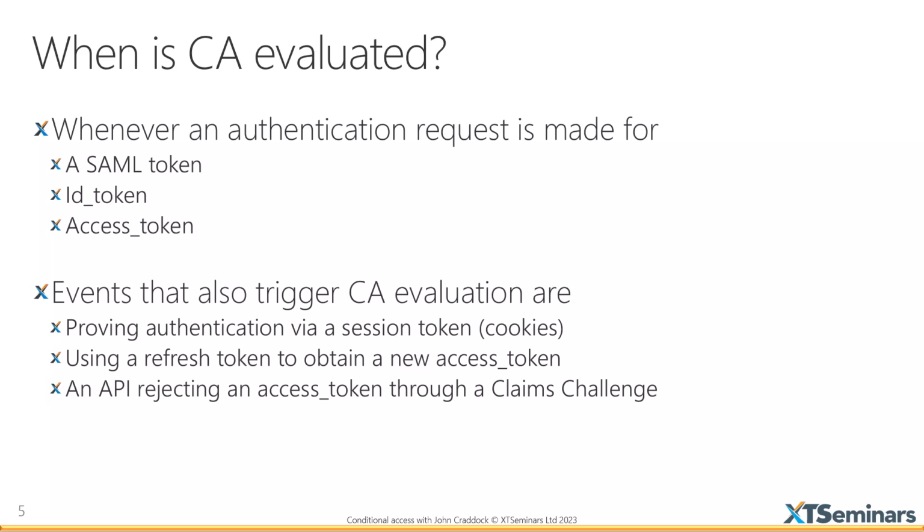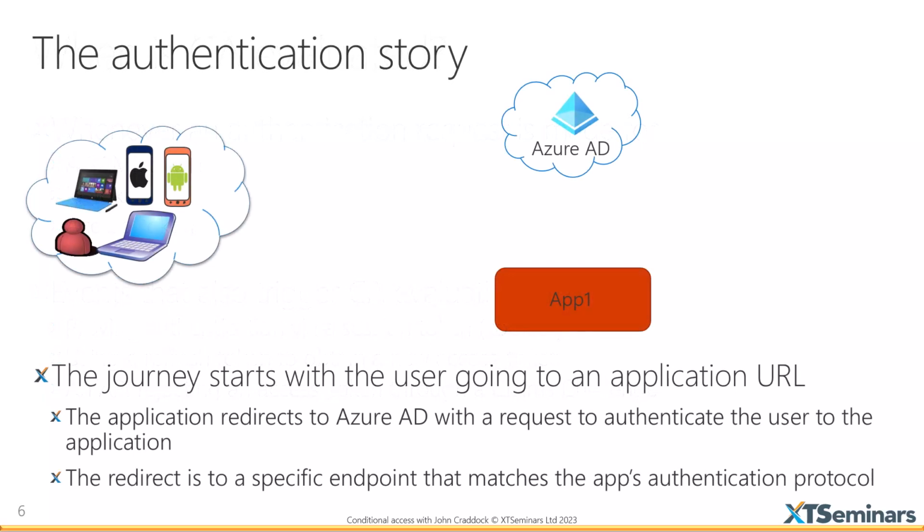But let's start by thinking about the authentication story. So we have a user that wants to gain access to an application. And what the application will do is say, you're not authenticated. Well, if they have been authenticated already, the user would pass a cookie to prove that authentication to the app.